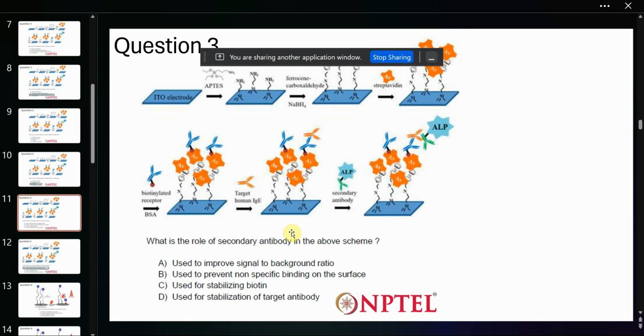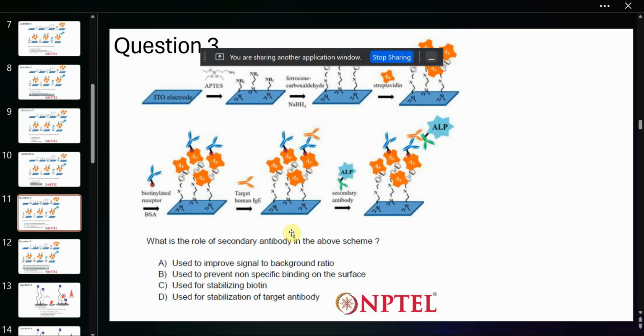Yes, this can be possible, but then in that case it will only be an antibody, there will not be any labeling element. ALP is alkaline phosphatase, it is supposed to do a redox reaction in this sensor setup.